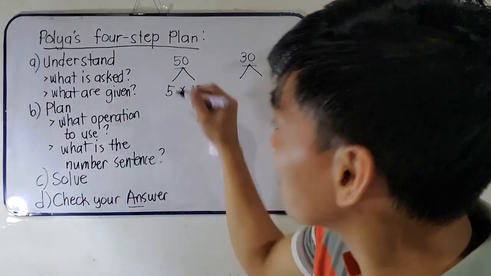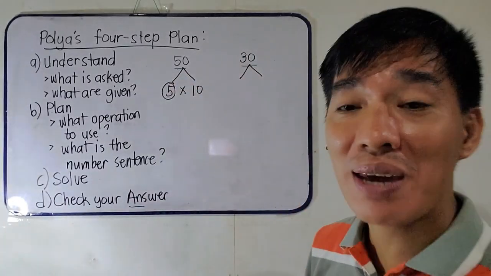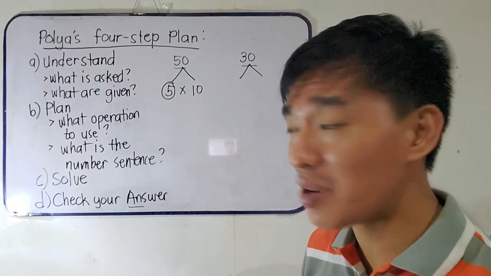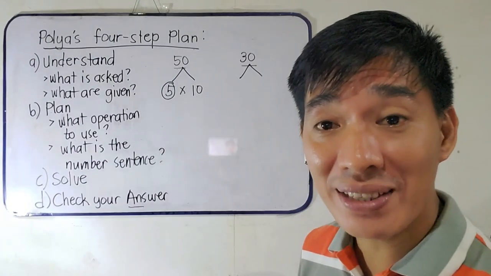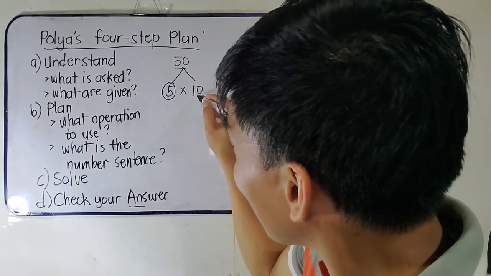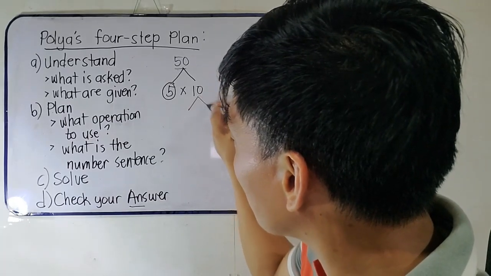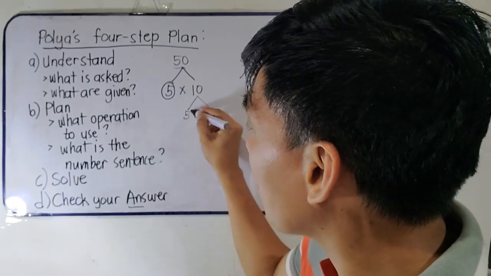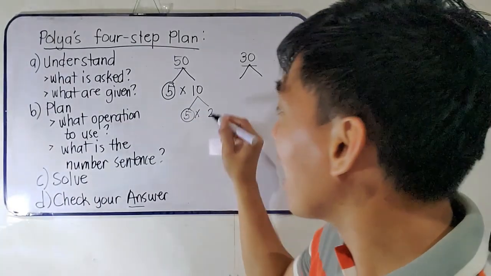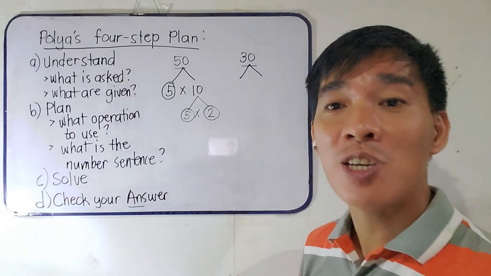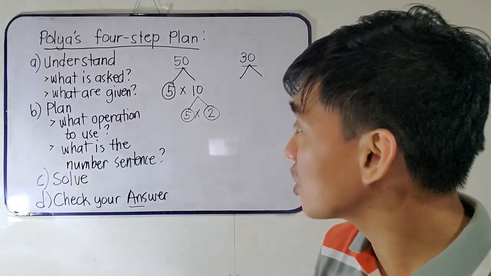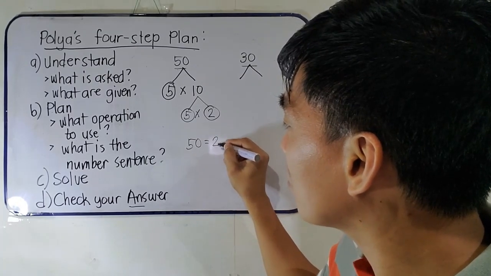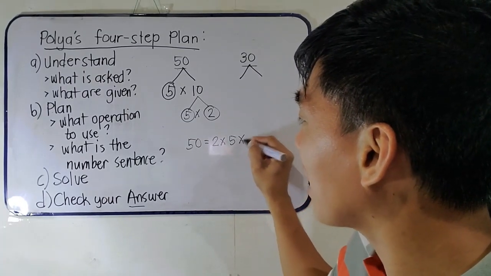And now, because 5 is already a prime number, we could not split that one anymore, aside from 1 times 5. However, 10 here could still be further divided into 5 times 2. 5 here is already a prime number, and 2 is also a prime number. So the prime factorization for 50 is equal to 2 times 5 times 5 if arranged in increasing order.